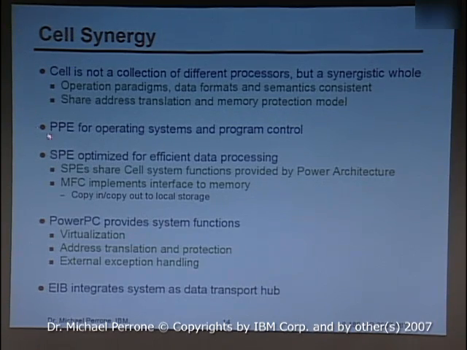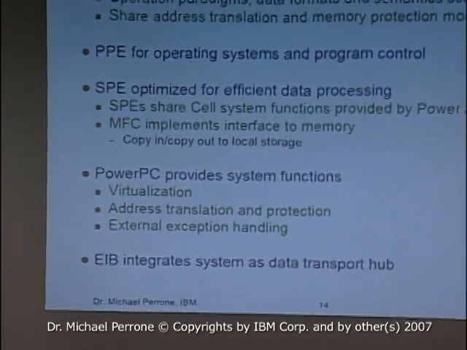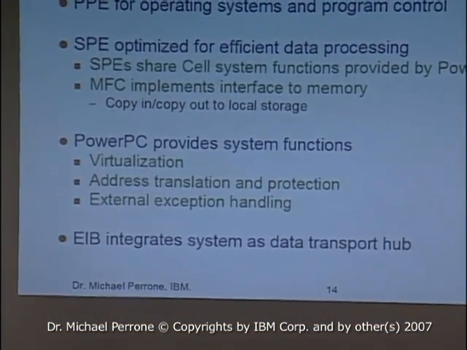It's been designed so that the PPE is running the OS, and it's doing all the transactions with file systems and whatnot, so that these SPEs can focus on what they're good at, which is compute. The whole thing is pulled together with an element interconnect bus, and we'll talk about that. It's a very, very efficient, very high bandwidth bus.